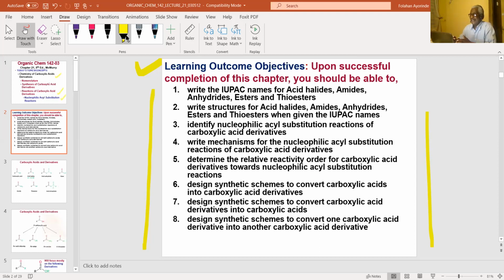I am the type that wants to write most of my chemical equations, and PowerPoint does not lend itself to a seamless transition from one page to another. Because of that, I use the Microsoft Office 365 OneNote. So let me share that with you.